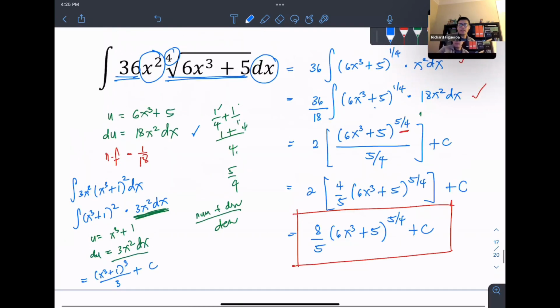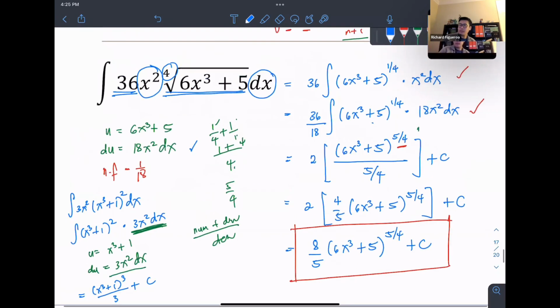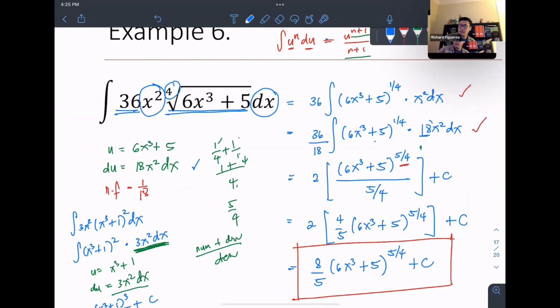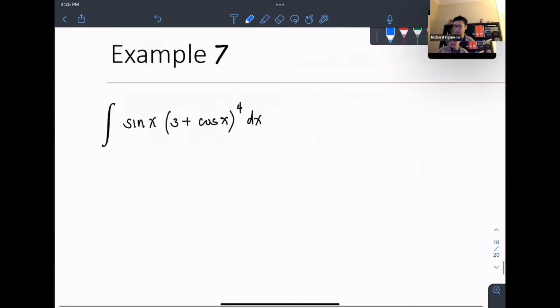Basta gumagamit ka ng neutralizing factor kapag parehas ang variable, tapos may sobrang constant. Okay? Are we good? I think so. So we'll proceed with the next one.